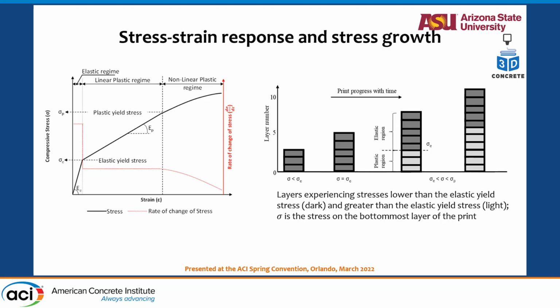I call this an elastic yield stress, where there is a kink. This I call a plastic yield stress. It's still a secondary elastic stress, not really plastic, but for lack of a better word and to reduce confusion, we call it plastic yield stress. So you have two distinct points in the stress strain curve and correspondingly two different slopes. And then it's a nonlinear plastic regime, which we can ignore for the time being.